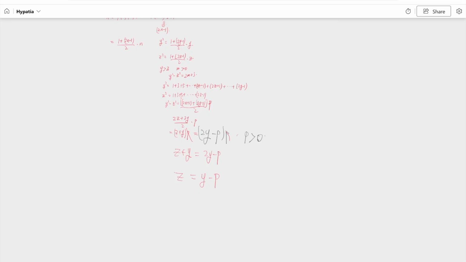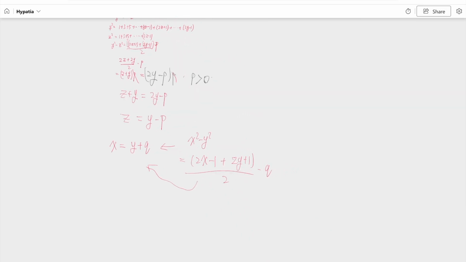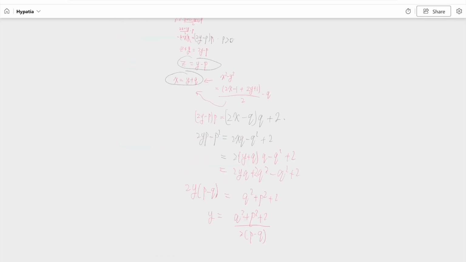Then we do the same thing on x squared minus y squared. Here I neglect the process, but the general idea is the same. Based on all the conditions we know, such as x squared minus y squared plus 2 is equal to y squared minus z squared, x equal y plus q, y squared minus z squared is equal to 2yp minus p squared, etc., we get our answer y equal q squared plus p squared plus 2 over 2 times p minus q.